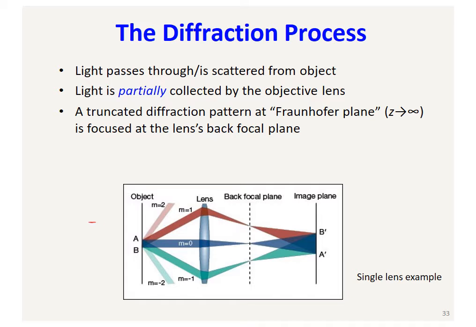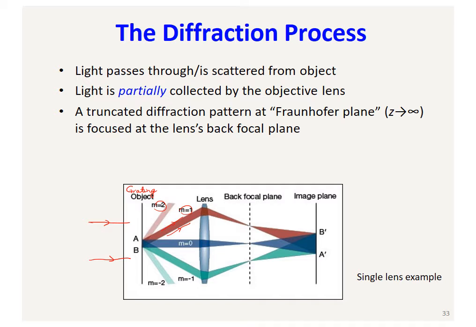We know that when we have parallel light incident on a grating, which is our object here, we're going to have a number of diffracted orders produced. And each of these orders can be considered as plane waves.